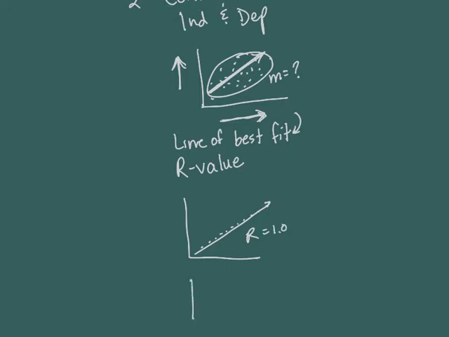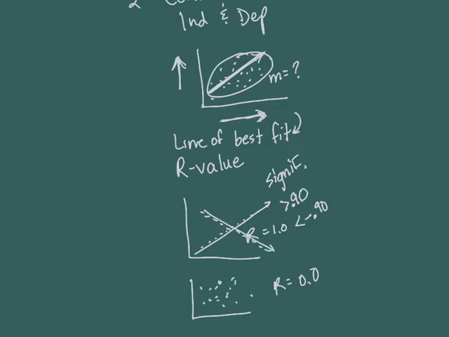If you had something that had absolutely no correlation whatsoever, then your r would equal 0, and hopefully you would see something in between that. So significance in this case is above a 0.90 or below a negative 0.90. A negative would just indicate that there is a direct negative correlation.